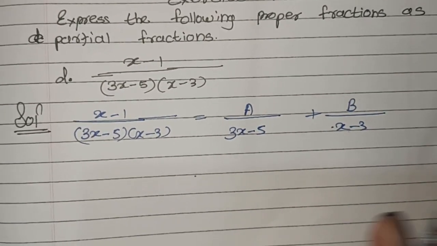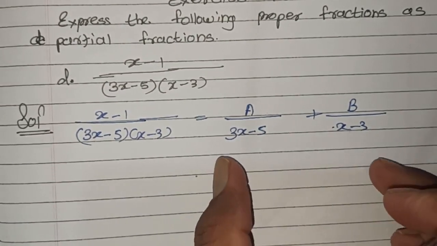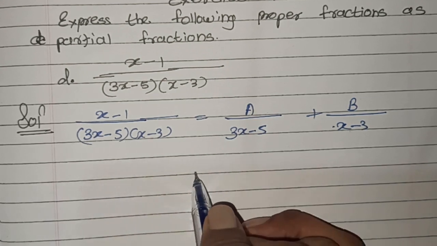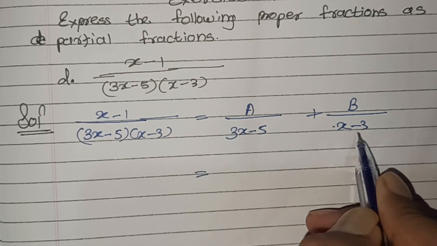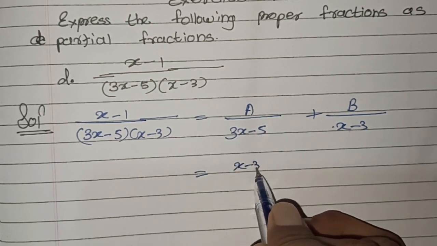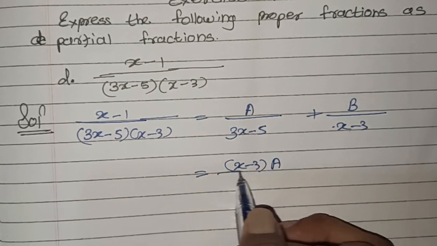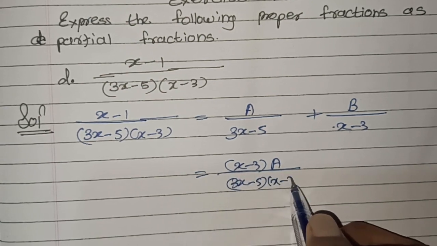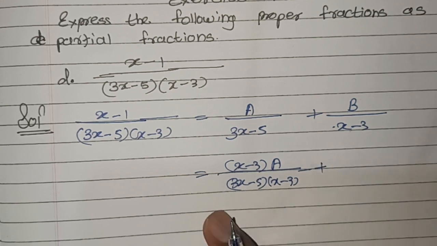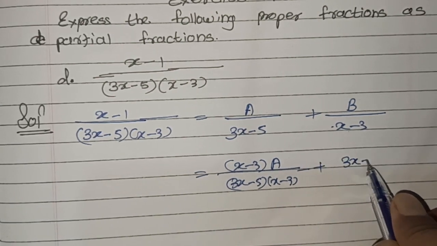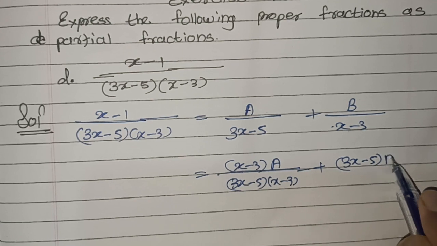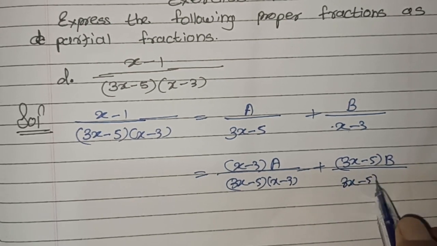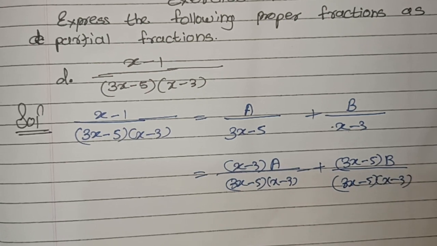Then the LCM of the right hand side is 3x minus 5 into x minus 3. So here we have to multiply by x minus 3, so x minus 3 into a upon 3x minus 5 into x minus 3, plus here we need to multiply by 3x minus 5 into b upon 3x minus 5 into x minus 3.